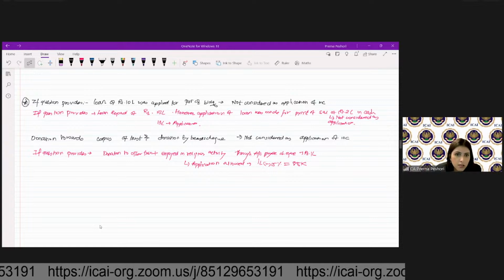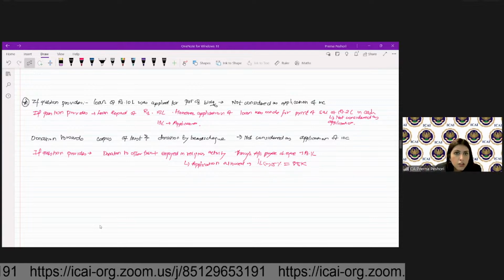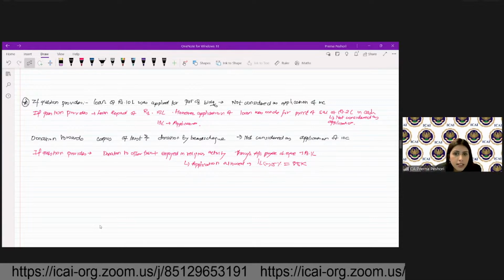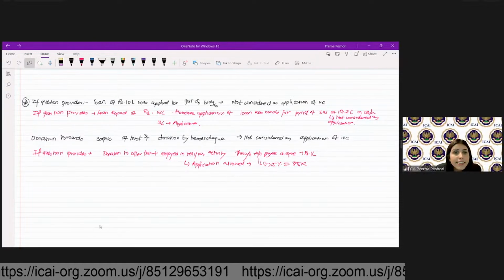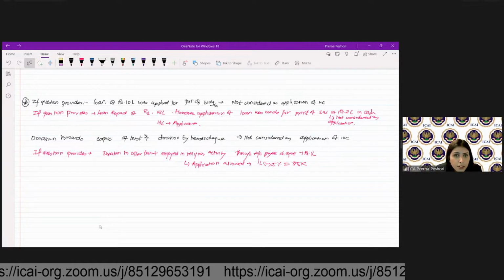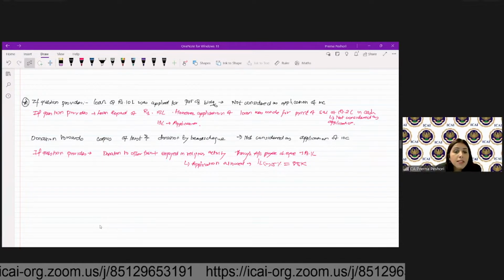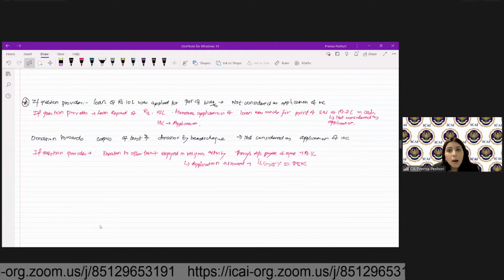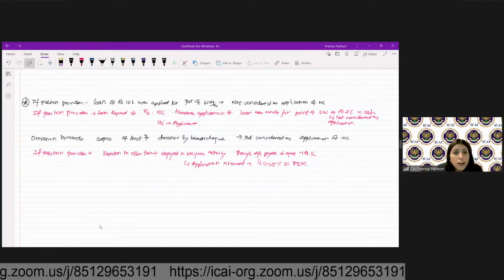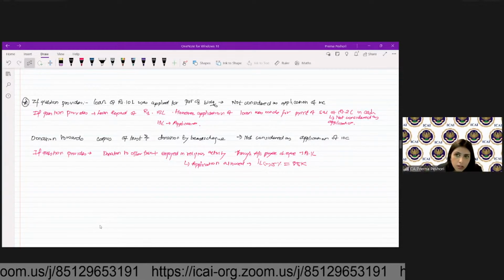Application will be considered. So if you deposit the funds in any of the modes specified in section 11.5, then you will be considered that you have applied the amount.